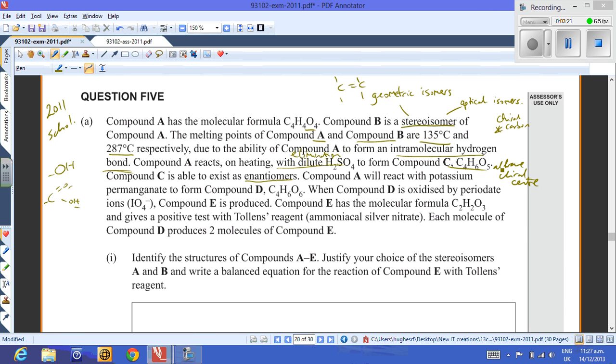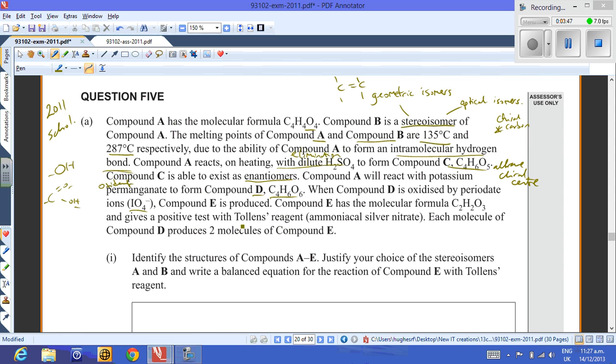We continue. Compound A will react with potassium permanganate, which is a strong oxidant or oxidizing agent, to form compound D, with that formula right there. And then compound D is further oxidized by periodate, IO4 minus ions, to form compound E. And compound E has the molecular formula C2H2O3.